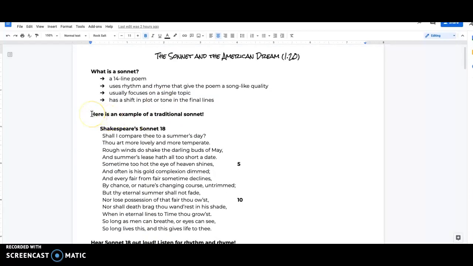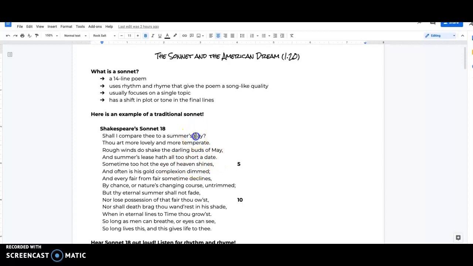You have probably heard sonnets before and might not have realized what they were. Shakespeare wrote a ton of them, so if you ever did Shakespeare in any other ELA class, you have probably read a sonnet. It might have been this one that is reproduced here. You can see this is 14 lines long. The lines are about the same length, which suggests that they have a matching rhythm.